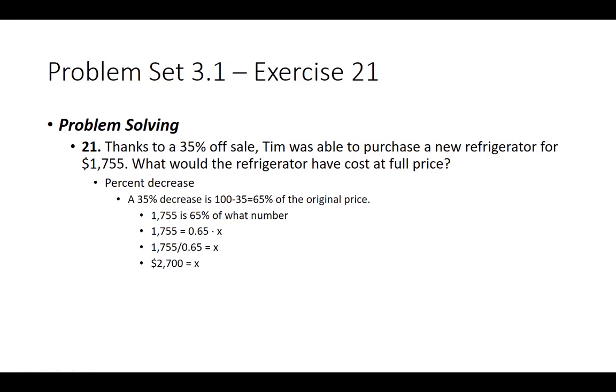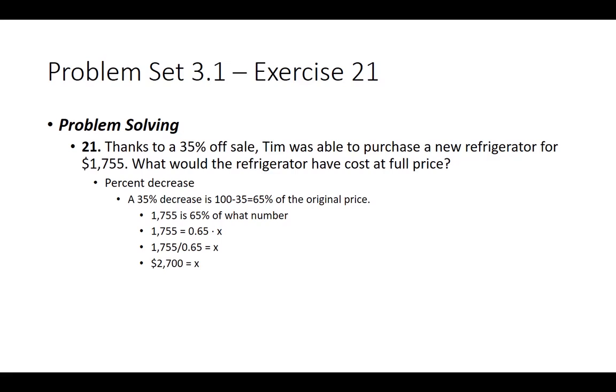Number 21. Thanks to a 35% off sale, Tim was able to purchase a new refrigerator for $1,755. What would the refrigerator have cost at full price? Well, this is a percent decrease problem, and a 35% decrease would be 100 minus 35, or 65% of the original price. 1,755 is 65% of what number?